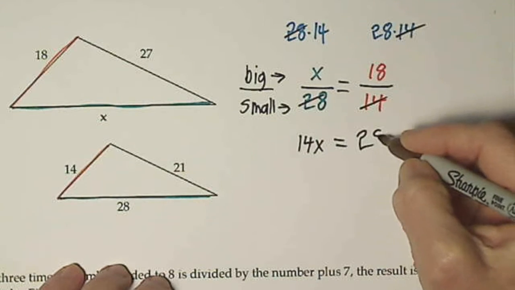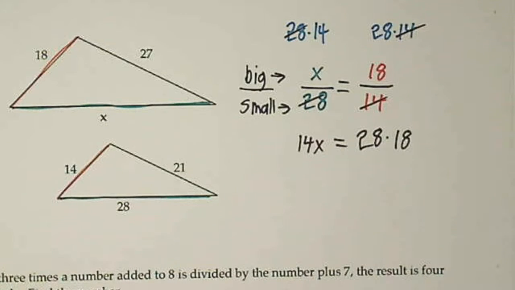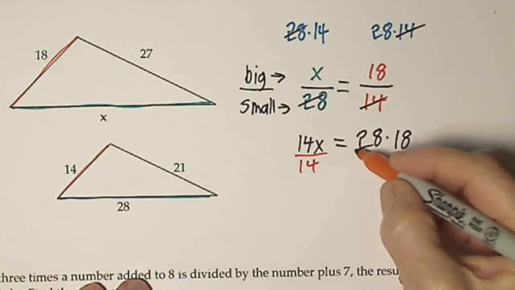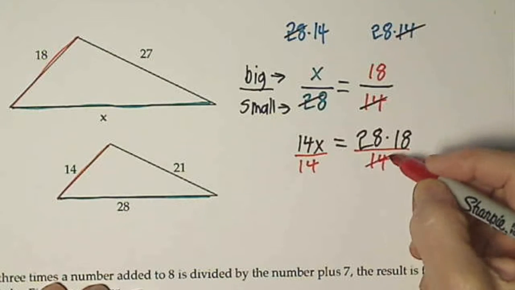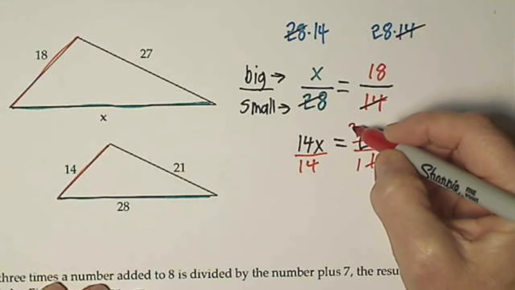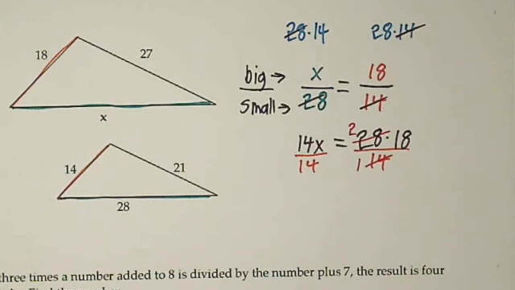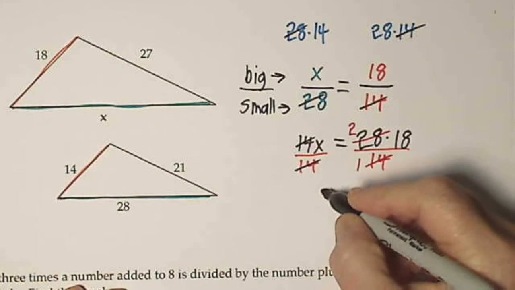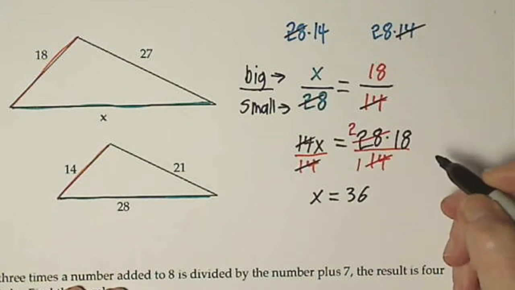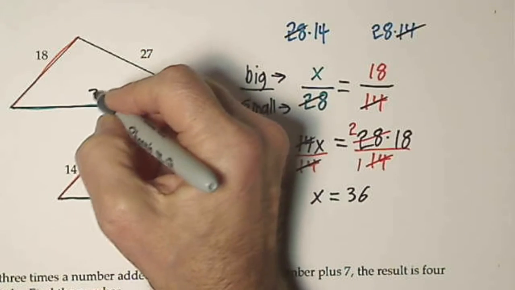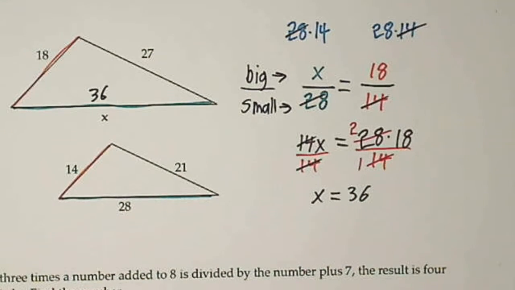I have 28 times 18, and now we just want to get rid of the 14. So divide by 14. Divide by 14. It's fine to notice that that goes into 28 twice. So 14 goes into 14 once, it goes into 28 twice. And over here, certainly the 14's cancel. So you have x equals 2 times 18, 36. So this bottom side here is 36.